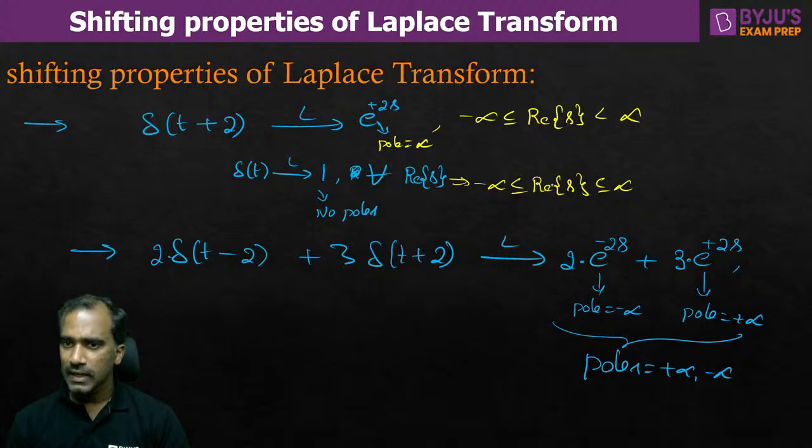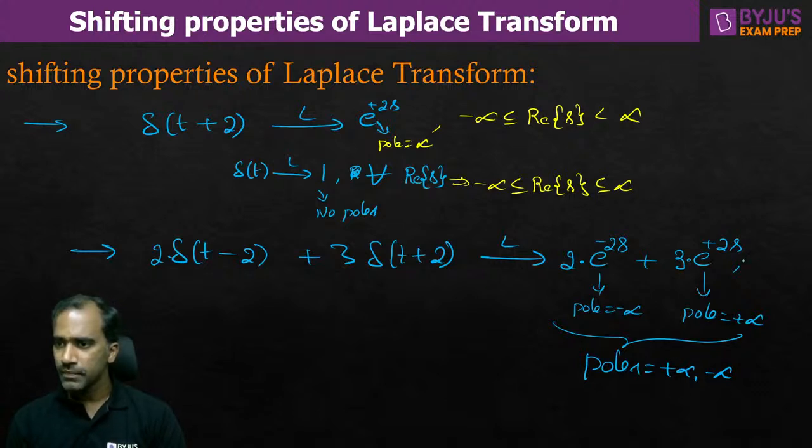The original signal has the entire S-plane as ROC, but the new signal has 2 new extra poles, plus infinity and minus infinity. Since the ROC should not include poles, let's remove these poles from this ROC.